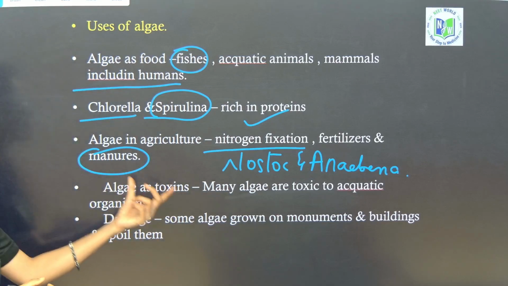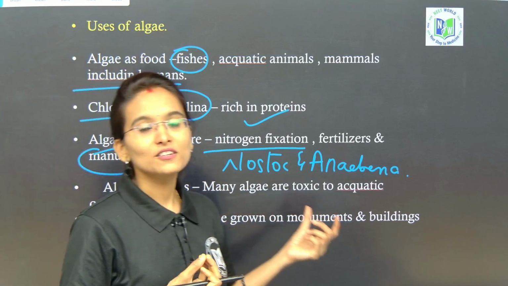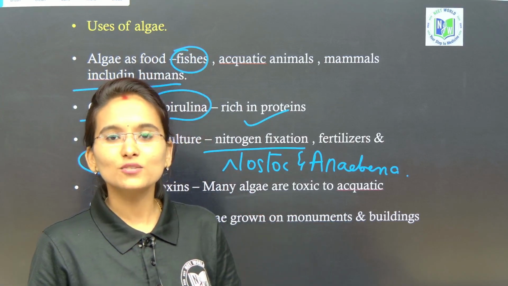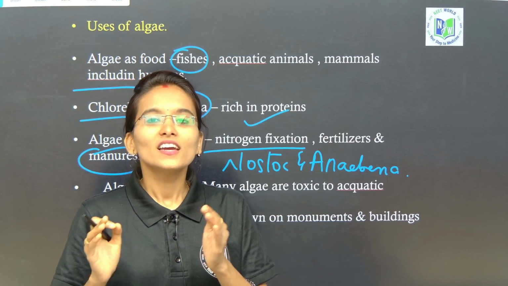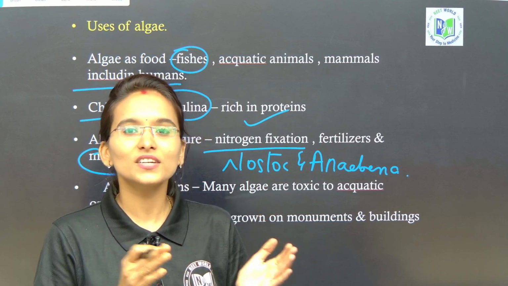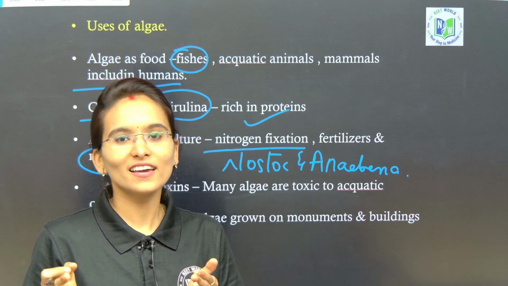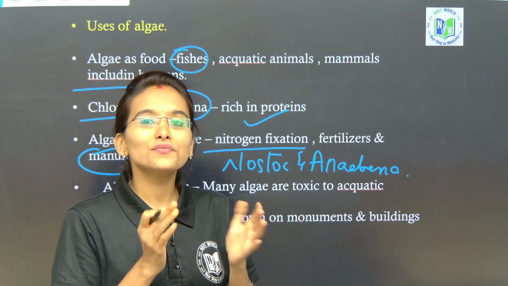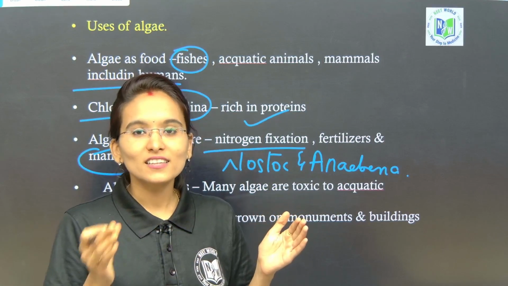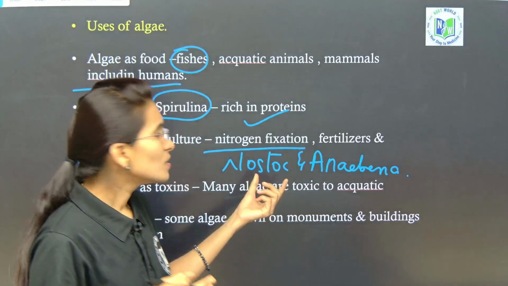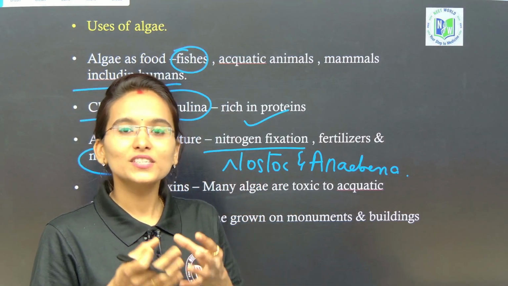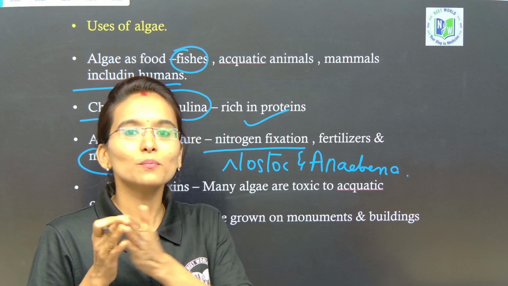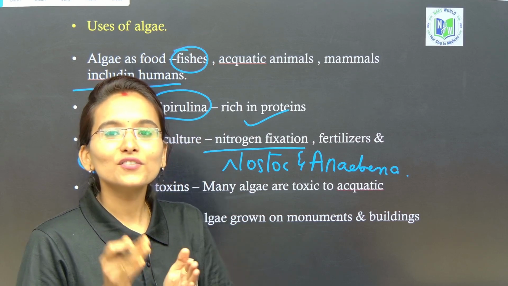Next, some algae are toxic, my dear students. Not each and every alga is beneficial to us, same like fungi. In fungi we studied the differences between Rhizopus and Agaricus, the mushrooms. Some mushrooms are edible, which we can consume, and some are poisonous in nature, which we cannot consume.